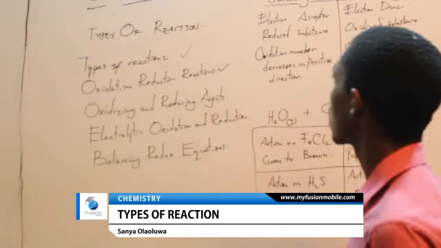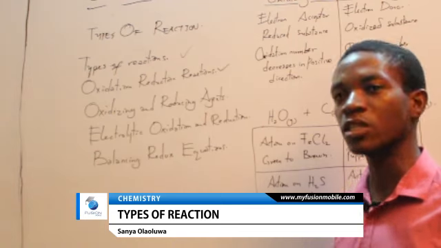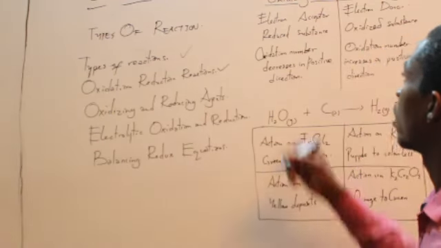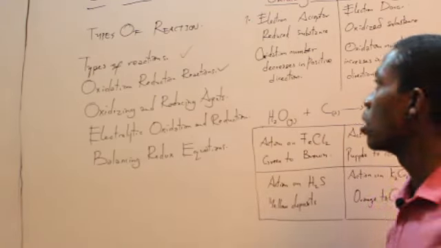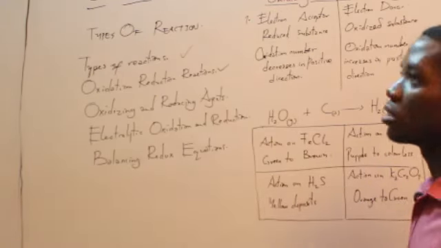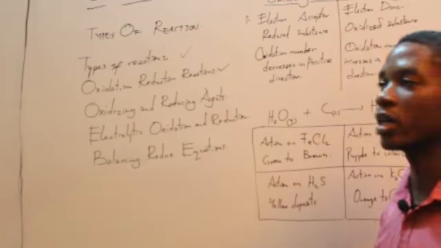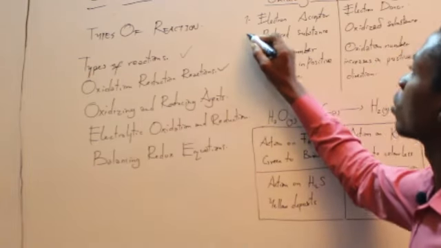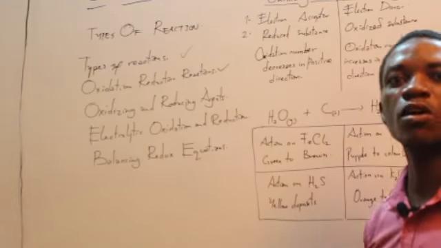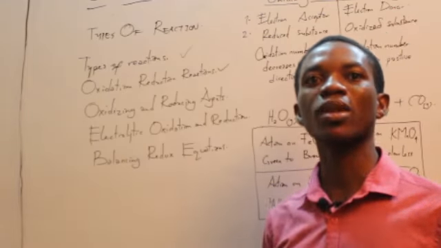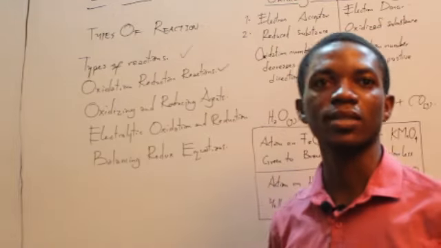All right, let's take a look at some of the properties of oxidizing agents and reducing agents. The first thing we notice is that an oxidizing agent is an electron acceptor. It accepts electrons, while the reducing agent is an electron donor. It gives away electrons. We also have that an oxidizing agent is a reduced substance. That is, at the end of the whole process, the oxidizing agent would have been reduced. Of course, your reducing agent is an oxidized substance.